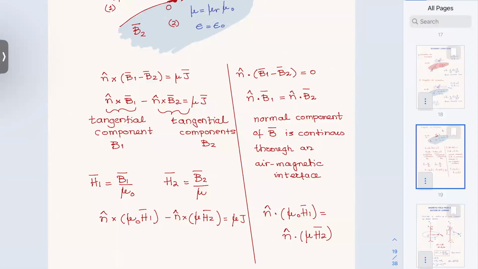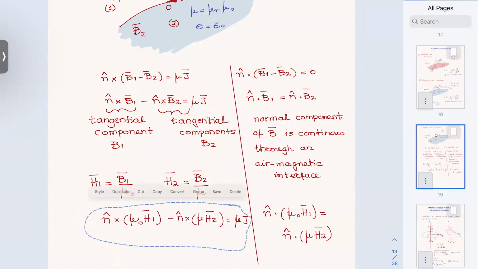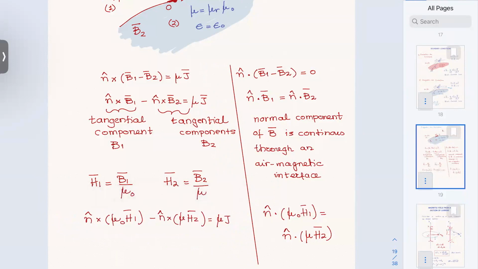All right. As a matter of fact, here, to avoid any misconceptions, I will have to write where this one is mu naught in air and mu in magnetic, depending on whether you are just above the interface or just below the interface.